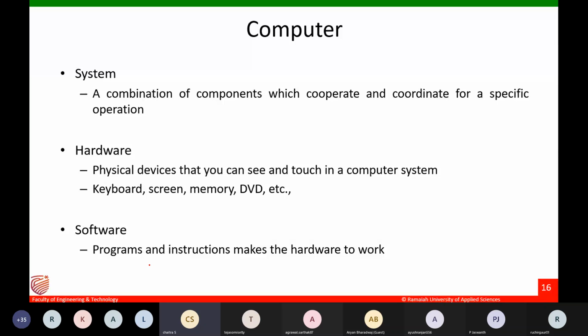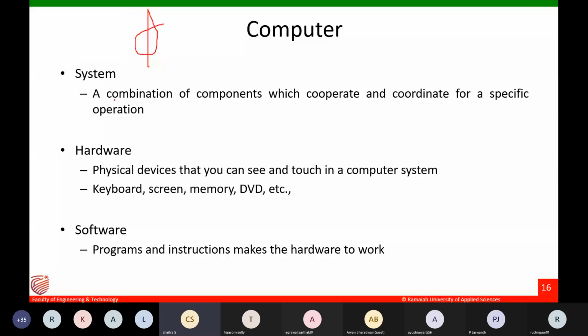All those are connected to each other and they're able to communicate. That means if I give any instruction from the keyboard, the monitor takes it, analyzes it and shows you the output. Correct? From my mouse or my keyboard, I'm able to write something and you are able to see it. So this is called communication and coordination.